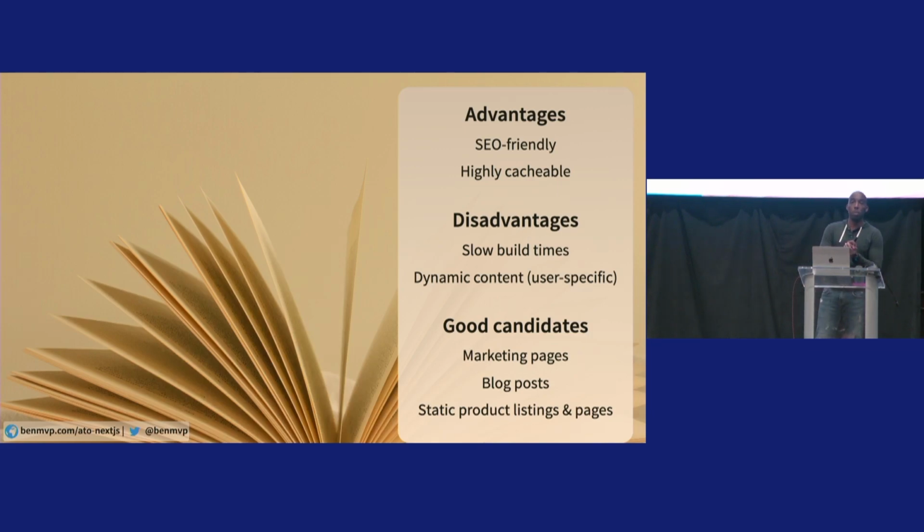So let's go back to our product page, right? If we wanted to use static site generation for it, we can render everything at build time. So we'll render the title, the price at a given time, the sizes, the add to cart button, all of those things. And then when the page renders on the client, we can make a request to get updated information.